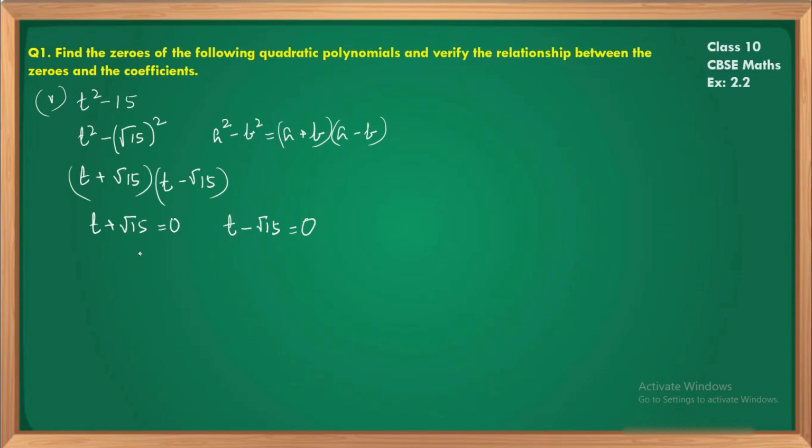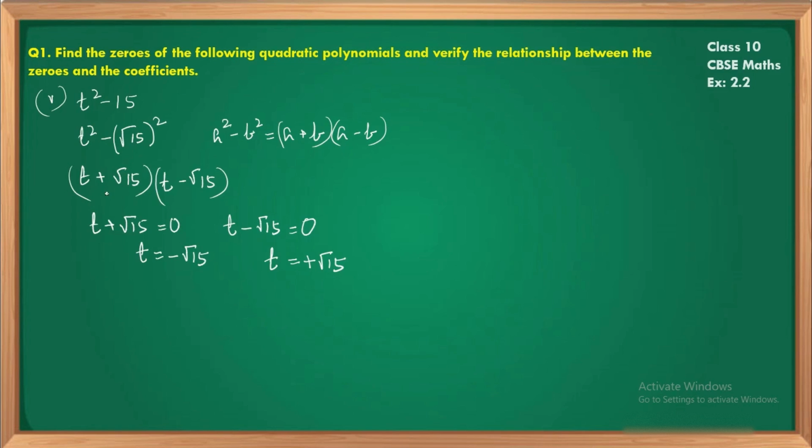In the first case, the value of t is minus root 15, because if you take plus root 15 to the RHS, it takes the sign of minus. This side, the value of t is equal to plus root 15, by taking minus root 15 to RHS, thus you get plus root 15. Now minus root 15 and plus root 15 are the two zeros of this equation.